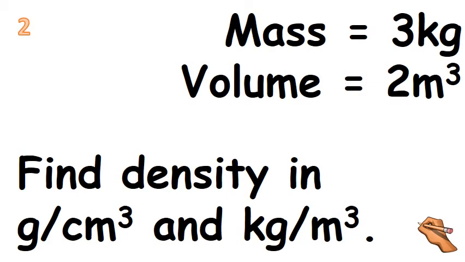Question number 2. Mass equals 3 kilograms, volume equals 2 meters cubed, and again we find the density in both grams per centimeter cubed and kilograms per meter cubed. Try it out. Ready now?